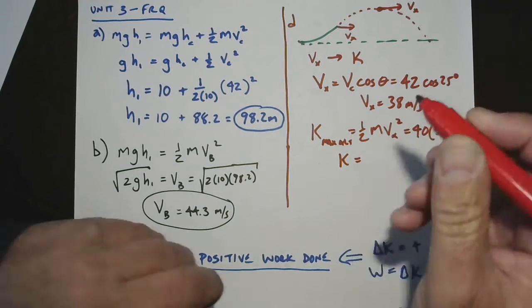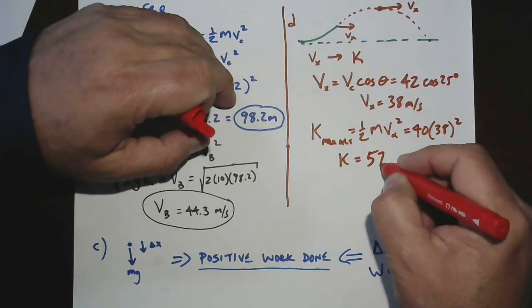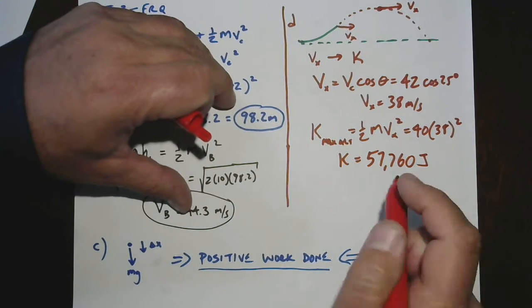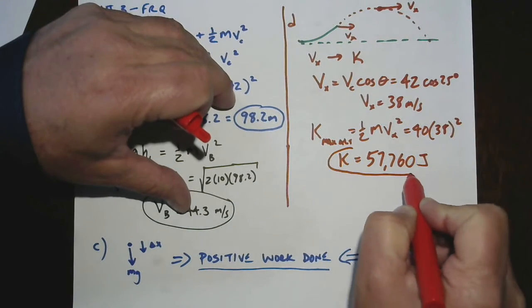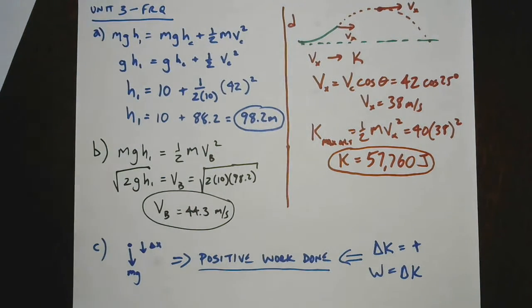So 40 times 38 squared equals 57,760. You might worry that that's a really big number, but remember that joules are a fairly small amount of energy. So for a heavy person going at well over freeway speed, that's a reasonable amount of energy.